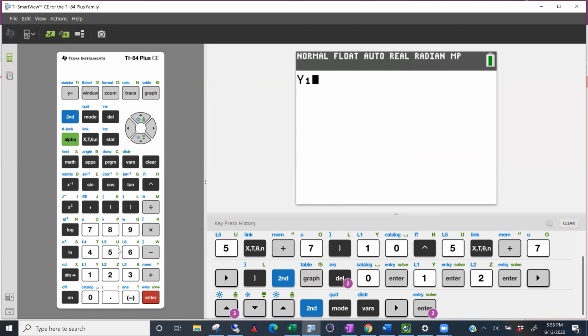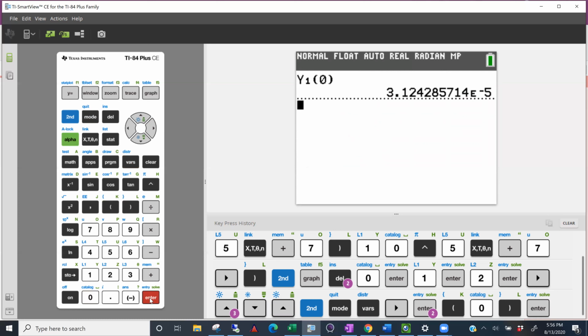We want this function evaluated at 0. So let's put parenthesis, 0, parenthesis. Yay. That's our approximation.